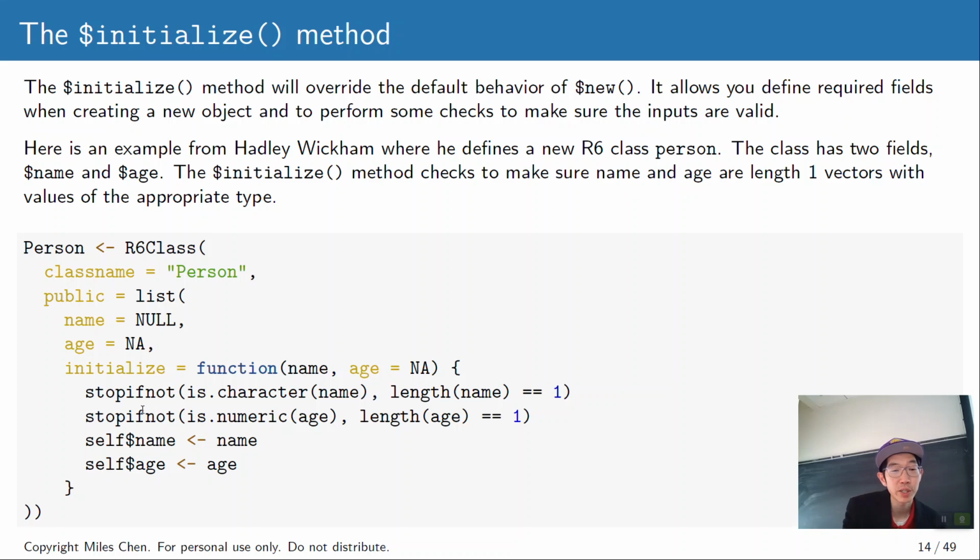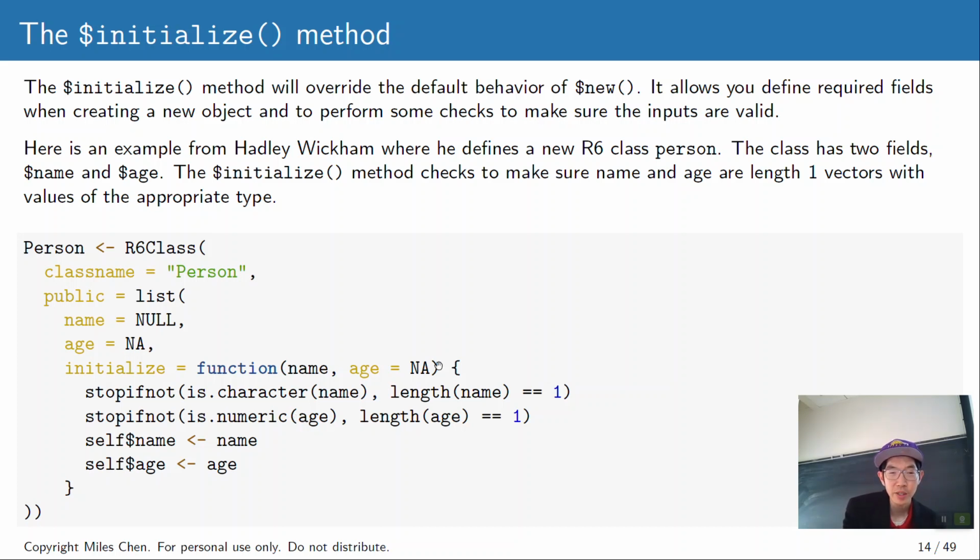So, and we're going to run stop if not, okay? Stop if not basically throws an error if any of these things are false. So is name a character vector? So that must be true. And then the length of that name vector has to be 1, okay? And then it's going to ask, is age a numeric thing? It's going to return false.